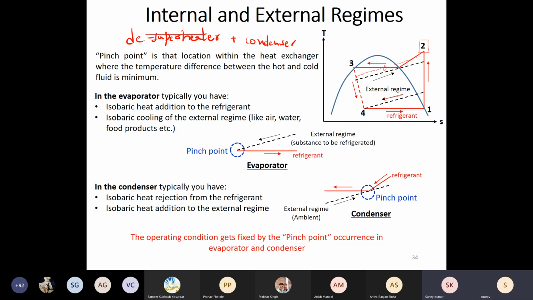Okay, it cannot cross here and here. So you can have the external regime going like this, can be well below this line, but it cannot cross this. So when the condenser is designed, we take care of this. Because such physical processes are not possible in the field.